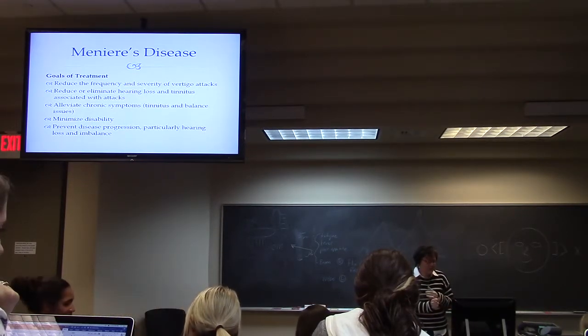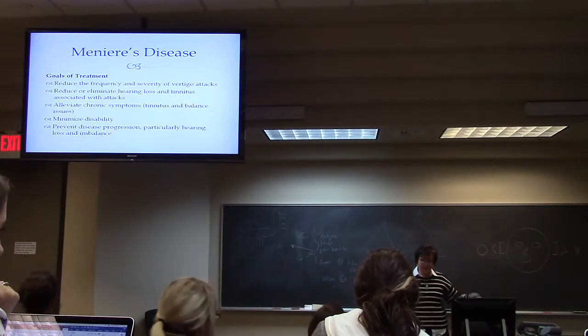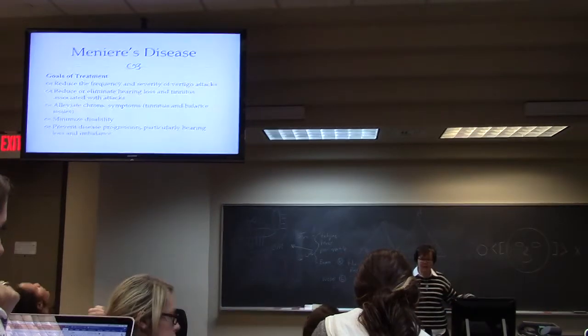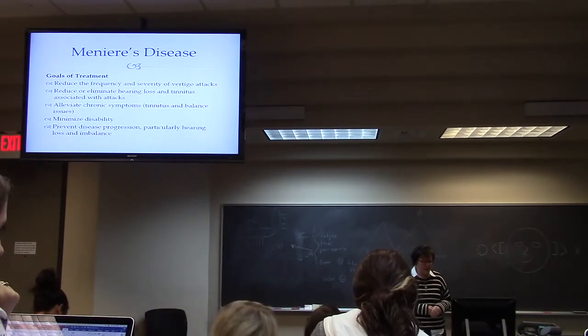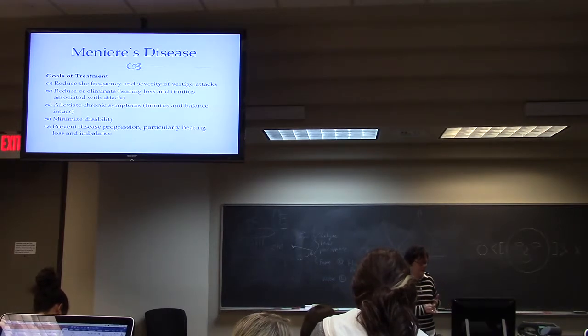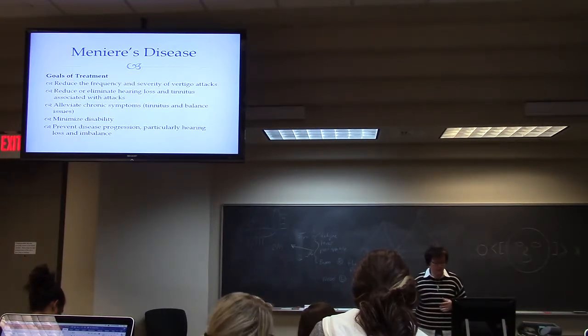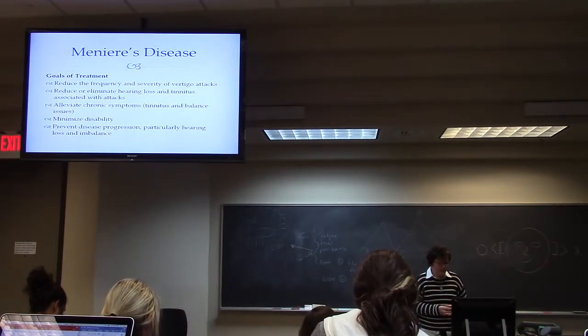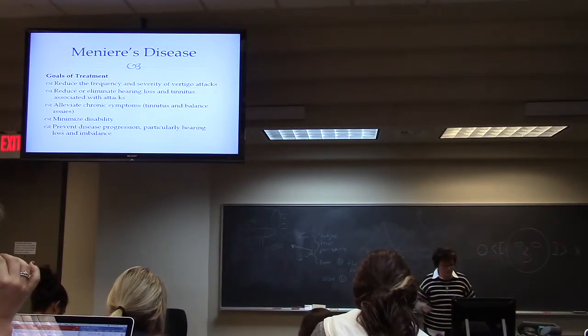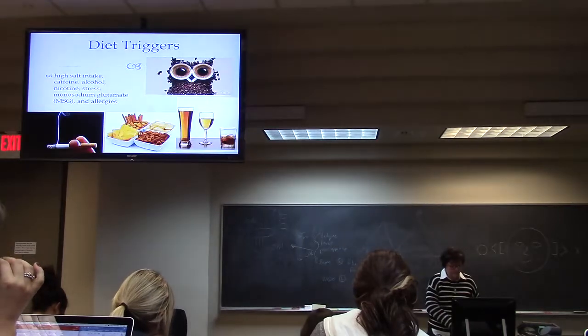So we want to maintain balance, because they often have a very difficult time maintaining balance during an attack, maintain their hearing, and decrease the tinnitus that goes with it, which is very disturbing when you have it. Minimize any disability and then prevent disease progression, particularly of their hearing and balance.